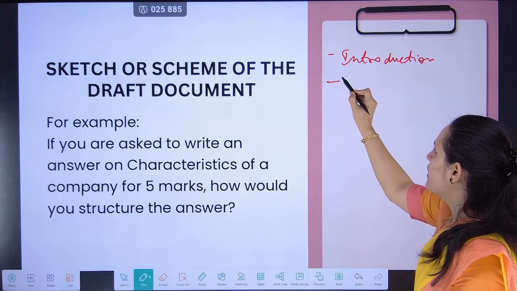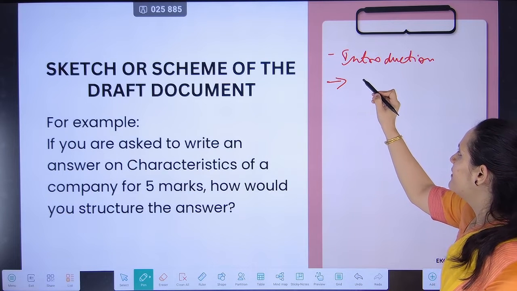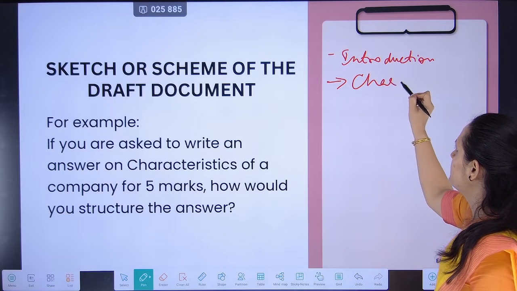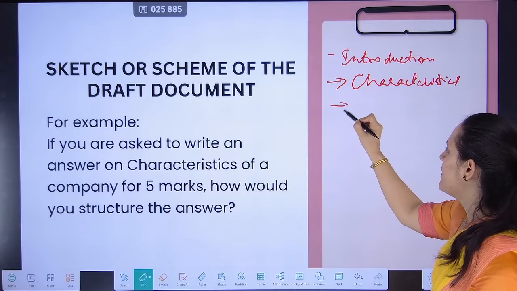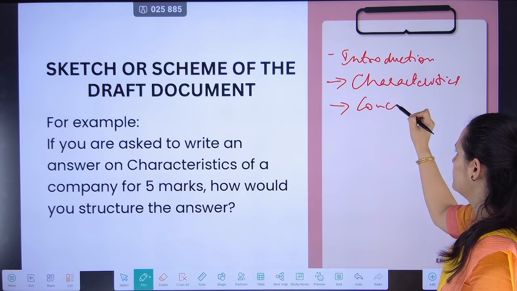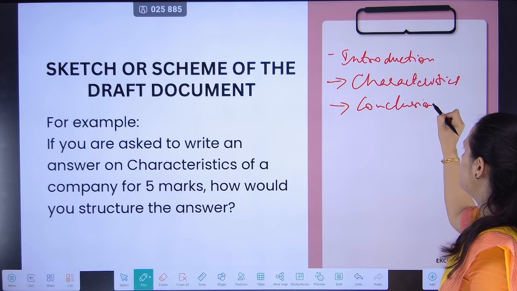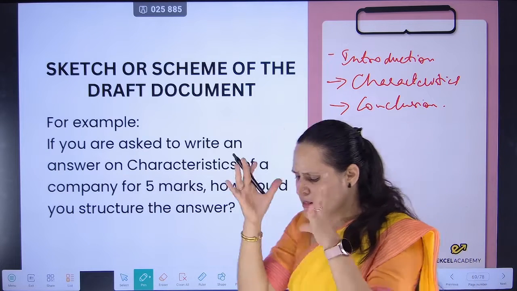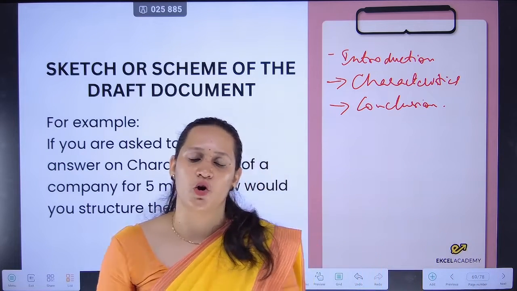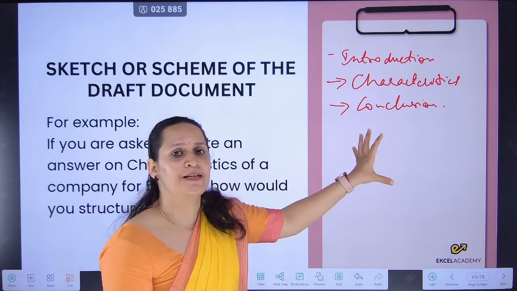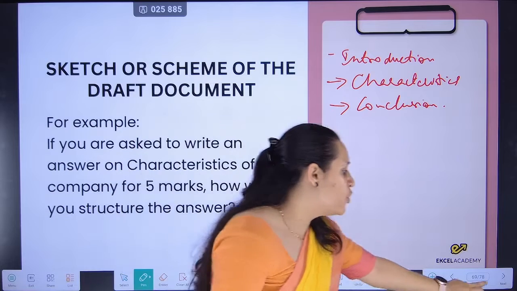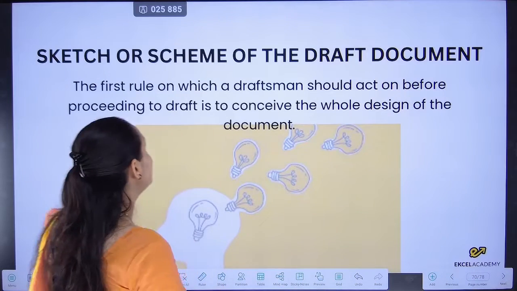After giving the introduction, I am going to write the characteristics, and after the characteristics, I am going to give a conclusion. This is how you have created the basic structure for your document, that is the answer on characteristics of a company. Once this basic structure is over, we are going to go to the next step, that is creating.